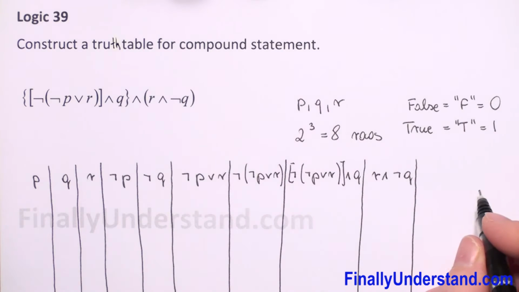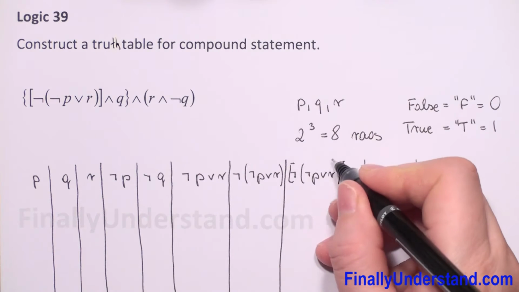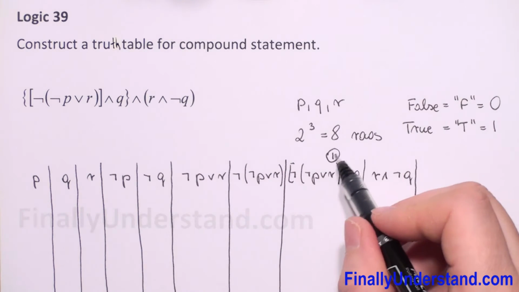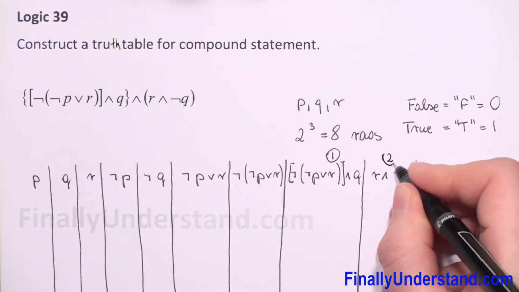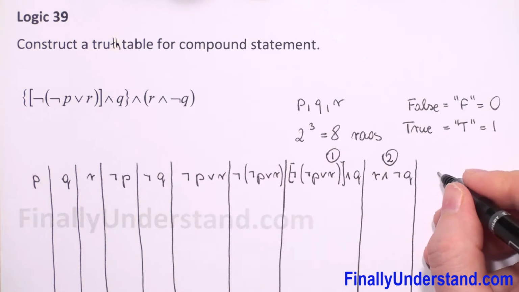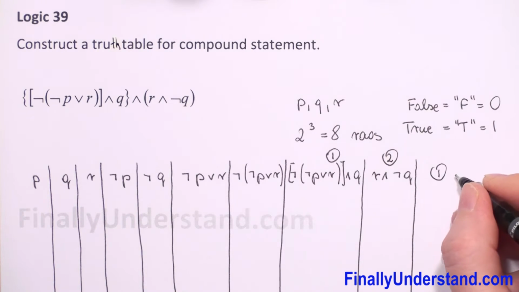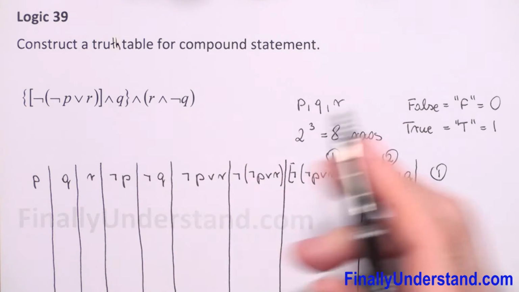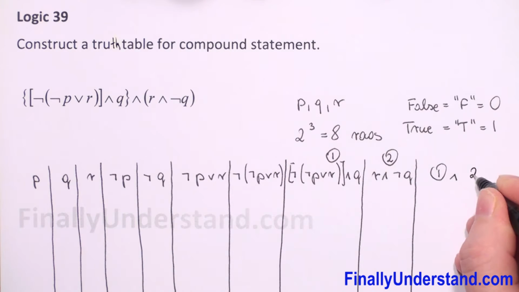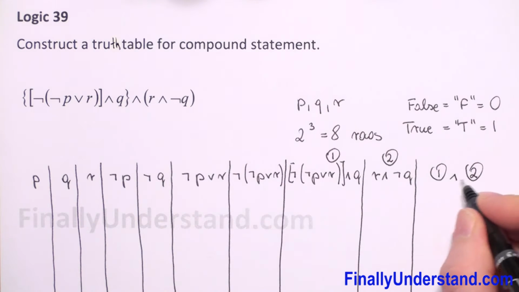Because I don't have enough place, I will say this is our first part, this is our second part, and between 1 and 2 we have and, so we have here a conjunction.